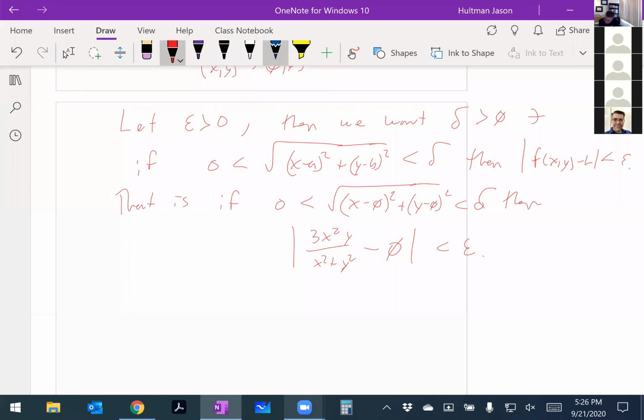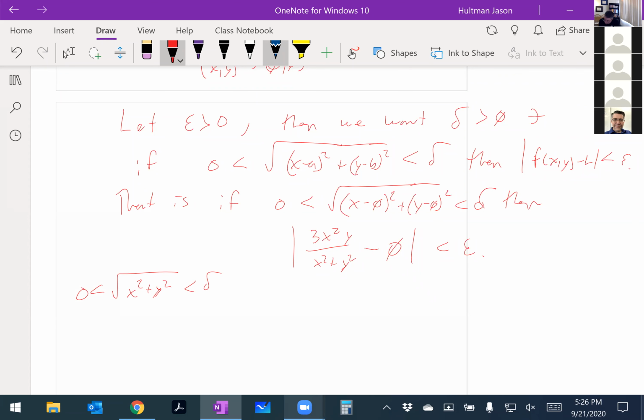Okay, so what is this? Can we clean delta up at all? Well, yeah. So 0 is less than the square root of x squared plus y squared, which is less than delta. Okay. Well, that's good. Then we get this thing here.